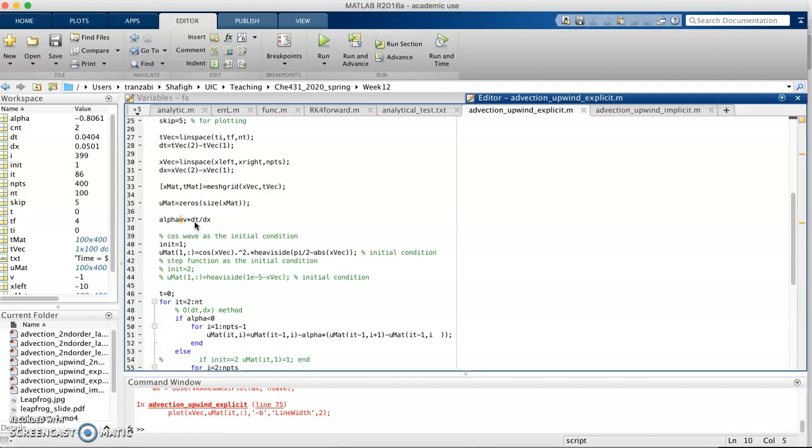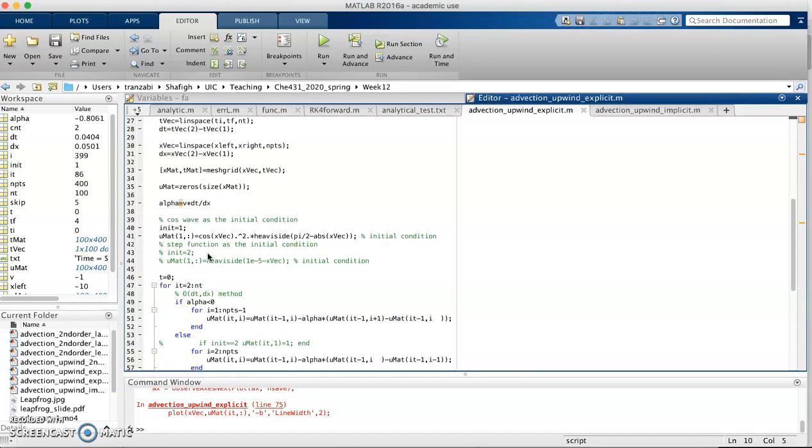So we know from CFL condition, if this is less than 1, then the method is converging. If it's bigger than 1, then it's diverging. So this is a constraint on how small delta t and delta x can be.